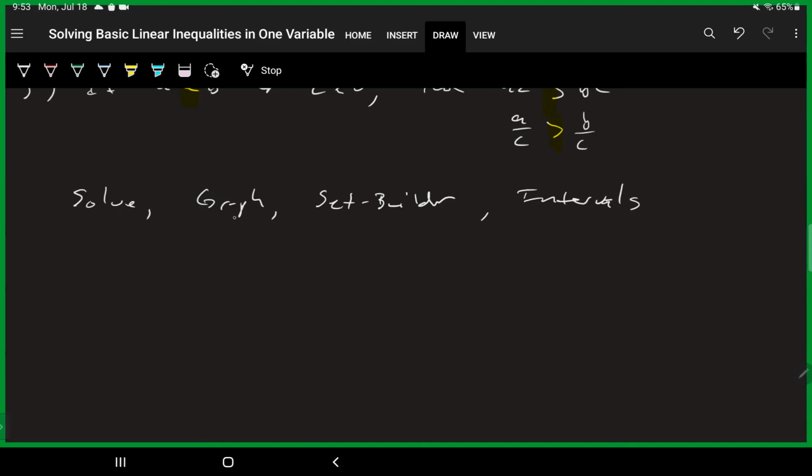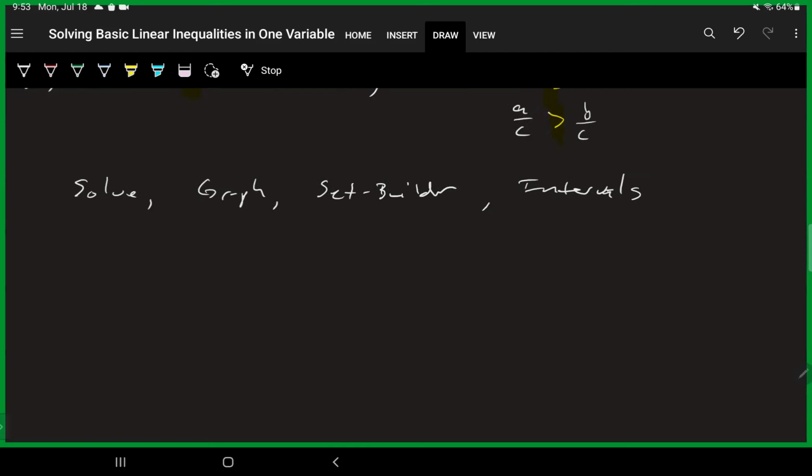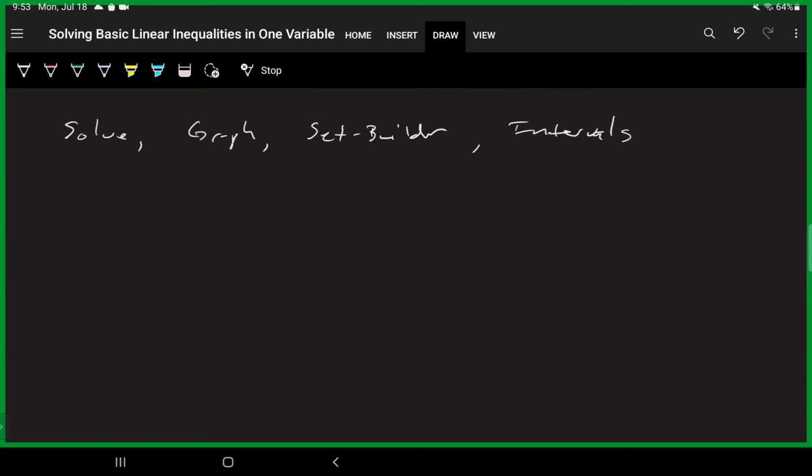We're going to talk about set builder notation and interval notation for each one of these examples. If you're working on homework or working on a test question, make sure you're following the instructions. Sometimes you'll be asked to give more than one of these. So not just solve, but you might be asked to graph or provide set builder notation or interval notation. So following instructions is always important.